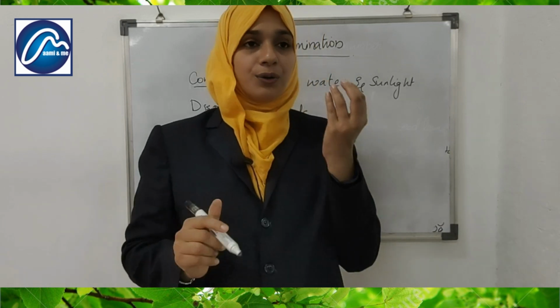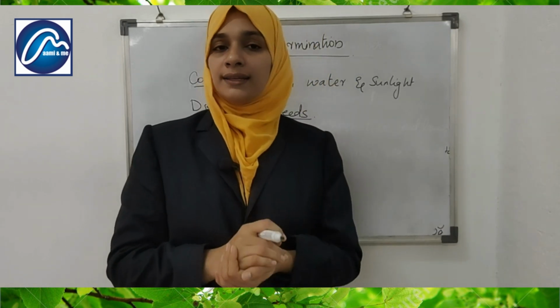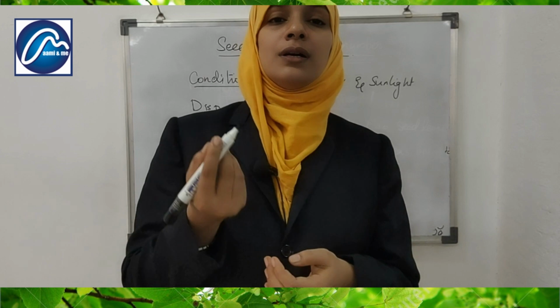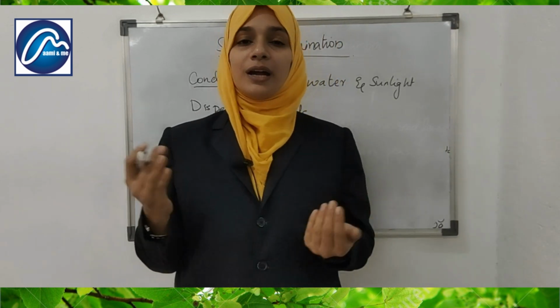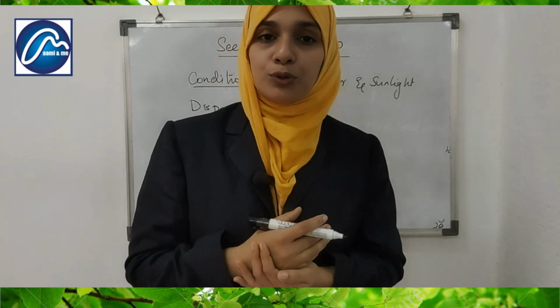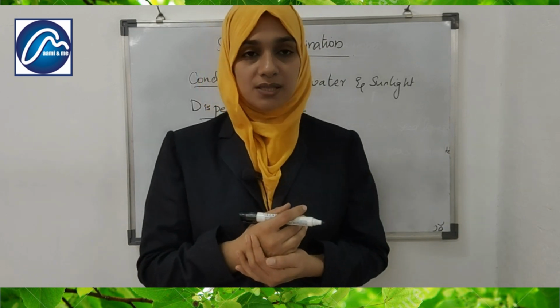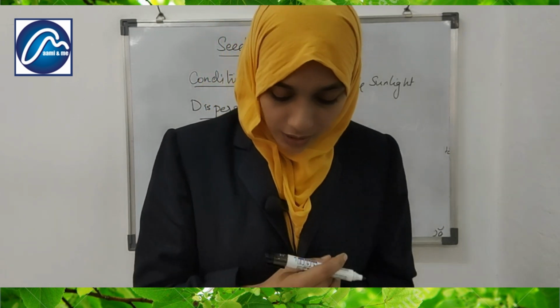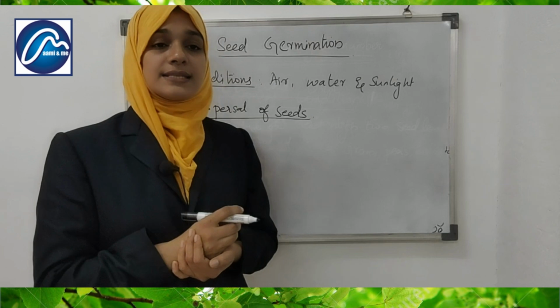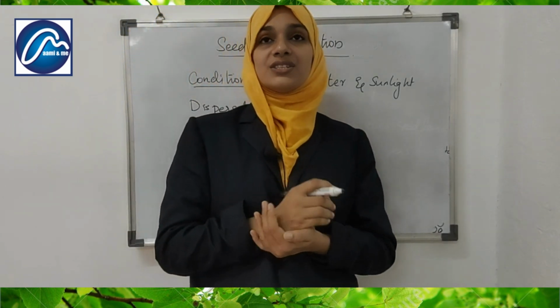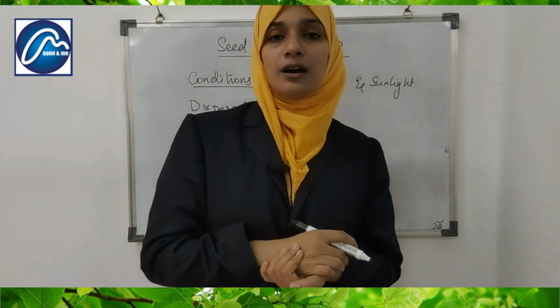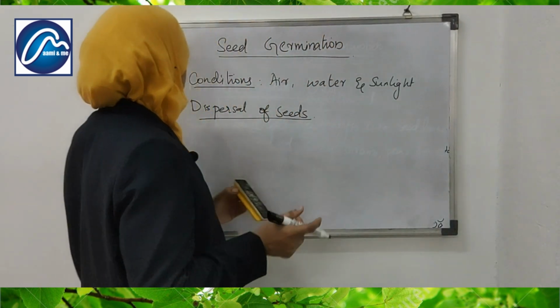That means the scattering of a plant's fruits and seeds all around is called dispersal. Okay, dispersal of seed. There are some agents which cause the dispersal of seed. Some of the agents are wind, water.